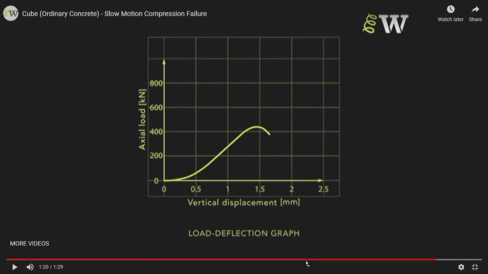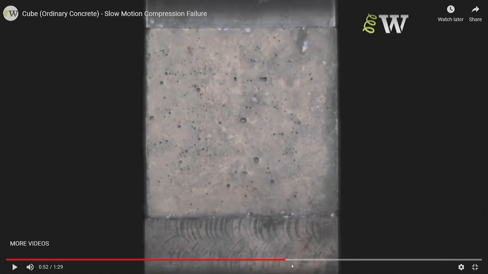The other part which I wanted to show you is here. Now, the concrete, you are putting the load in the vertical direction. So the load is coming from the top towards the bottom.